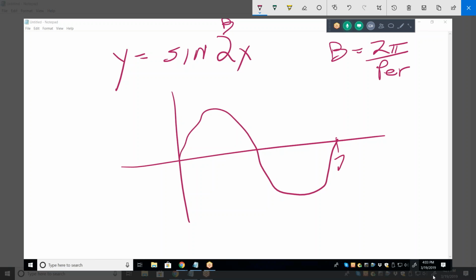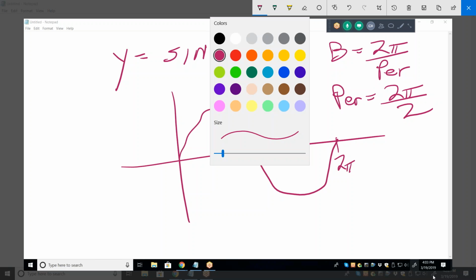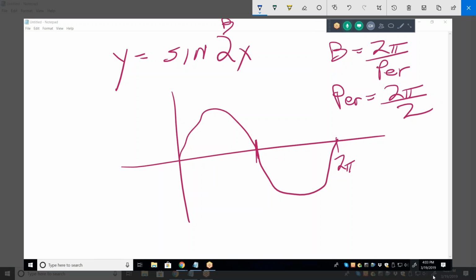The normal period is 2 pi for a sine or cosine curve. So if I do some algebra on that, I get the period equals 2 pi over b. In this case, b is 2, so the period is pi. Meaning we've got to draw that curve between 0 and pi.